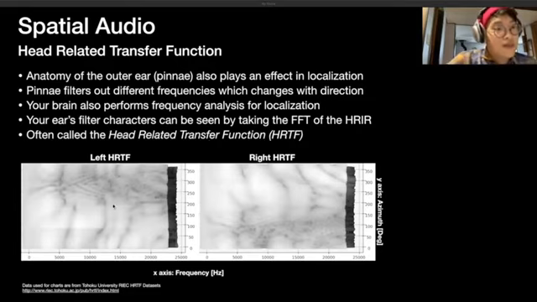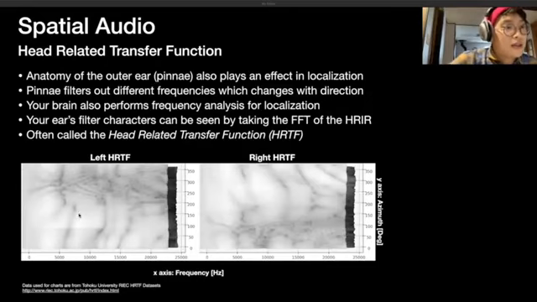So it turns out that this frequency spectrum is actually not constant. It changes with the azimuth. These two charts here are similar to the collection of impulse responses that we were looking at in the previous slide, except now we're just looking at the frequency domain version of those impulses.